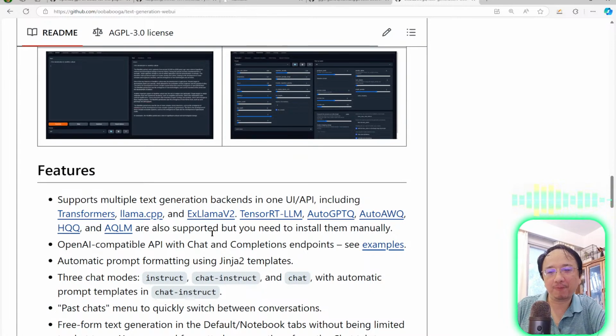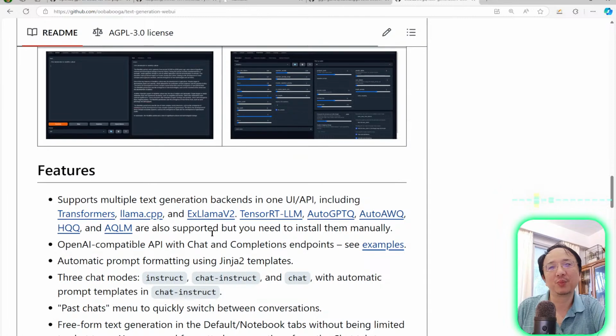But I think the reason I didn't use it that much is perhaps that recently we are more focused on using language models programmatically instead of just trying out different things.